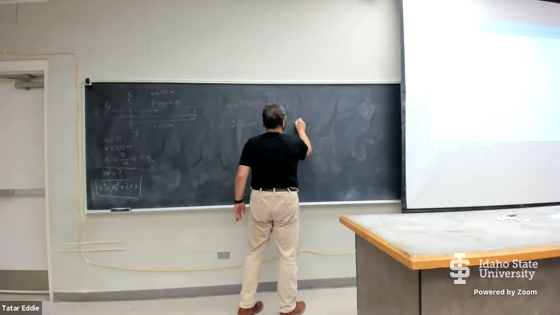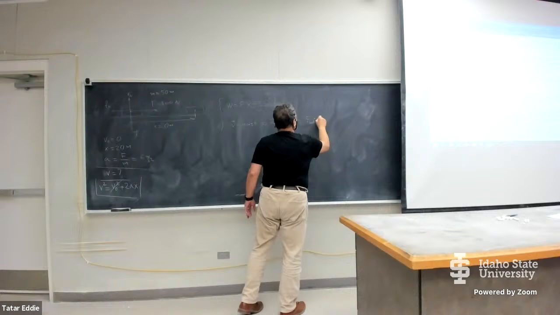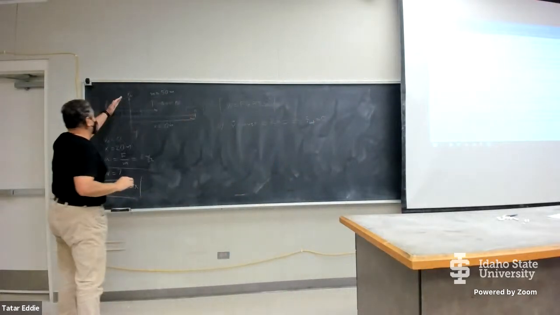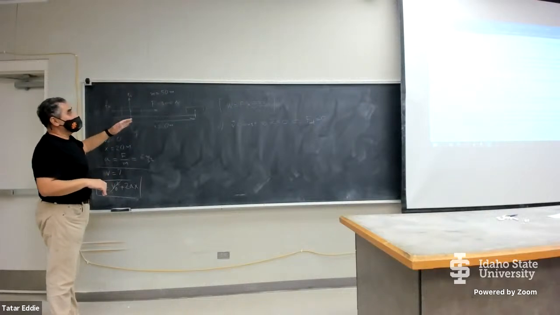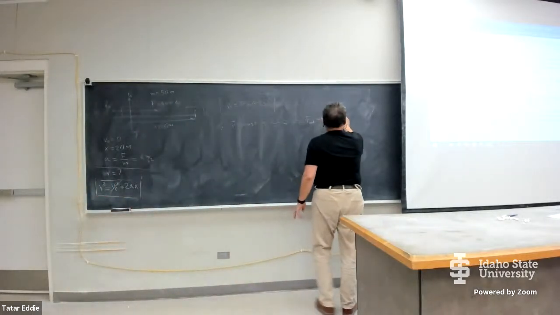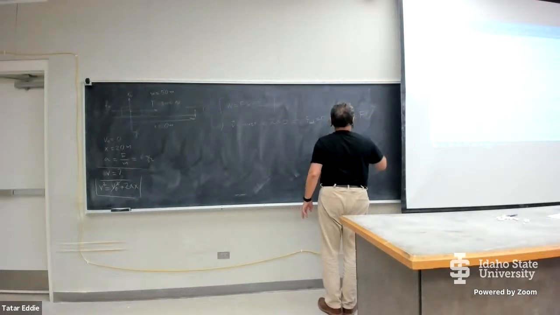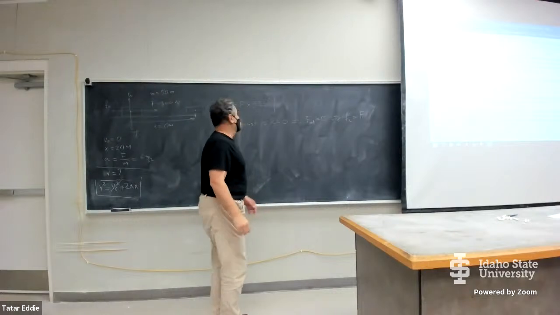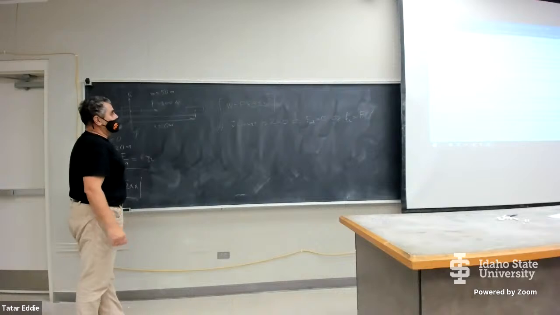Acceleration 0 means net force 0. We already have that the normal and gravity forces cancel out. So net force 0 means friction is equal to this pulling force of 300. Equal in magnitude, they are in opposite directions.